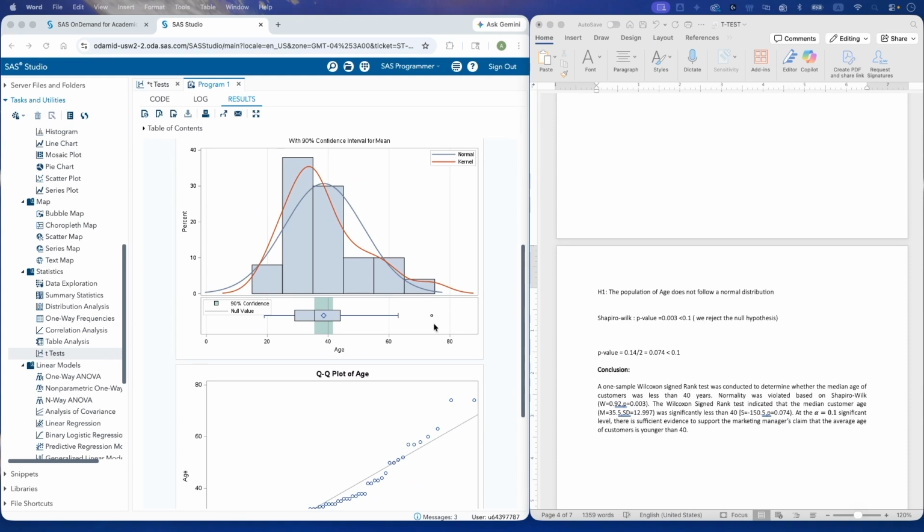If you take this off, it's not going to change your conclusion, because the mean is going to go to the left. Probably the normality test is going to be fine, and we're going to end up using the t-test. But I don't think it's going to change our conclusion about the manager's claim that the average age is less than 40, because everything's going to be shifted to the left.